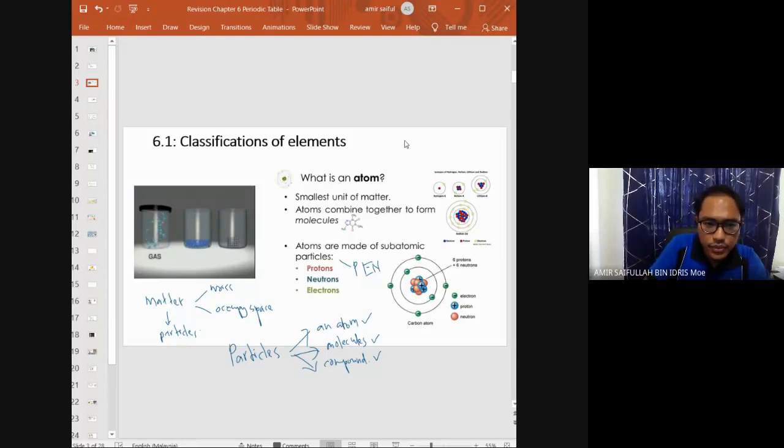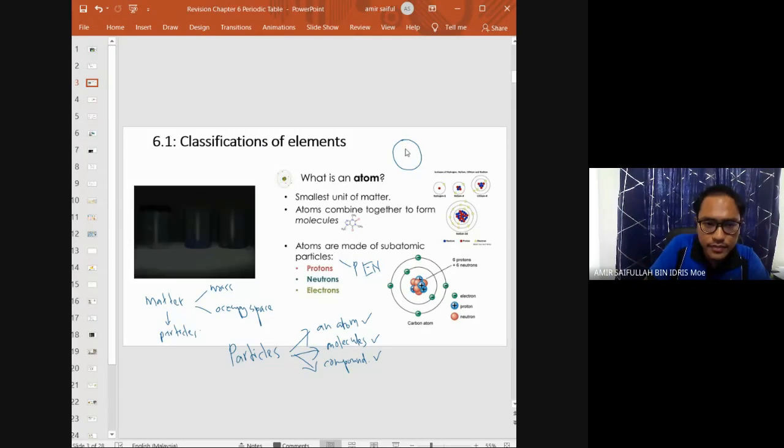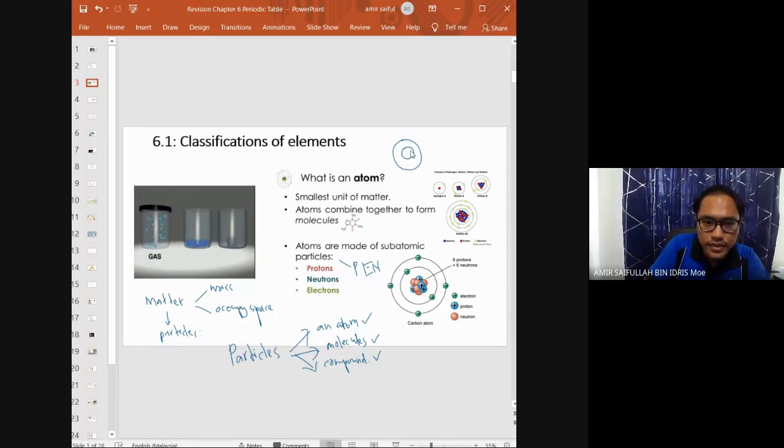In every atom, there is a nucleus. In this nucleus, you can find two things. One is the proton, which has a positive charge. And you have the neutron, with no charge. Around them, you have electrons that can move freely. The proton and neutron are fixed in the nucleus, whereas the electron can move around inside the atom.